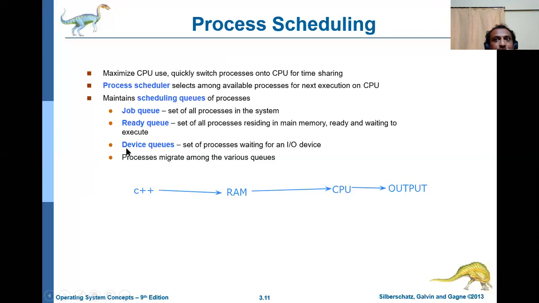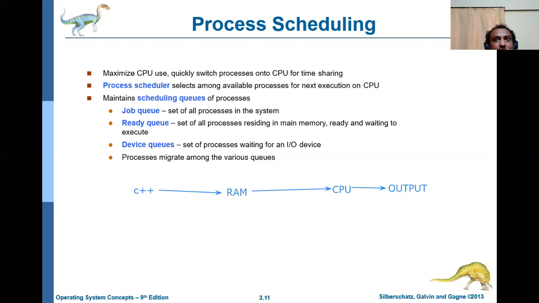Here we also have one more important thing called the device queue. Suppose I want to execute a program, but I'm waiting for an input device or output device, or waiting for other things to be executed, so I'm not given a chance. I'm kept in a waiting room, like when booking train tickets, previously we had waiting list and RAC.